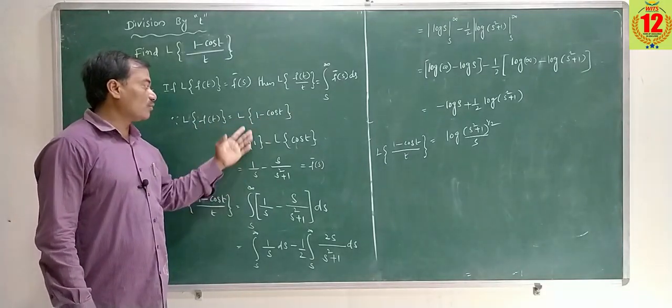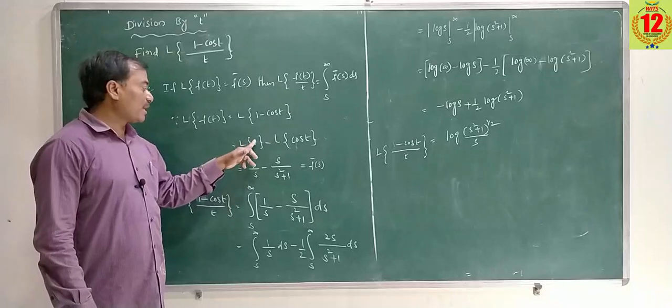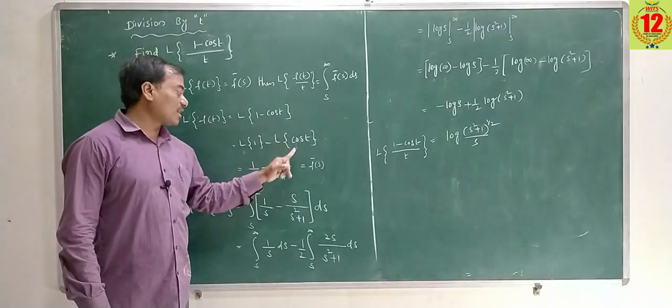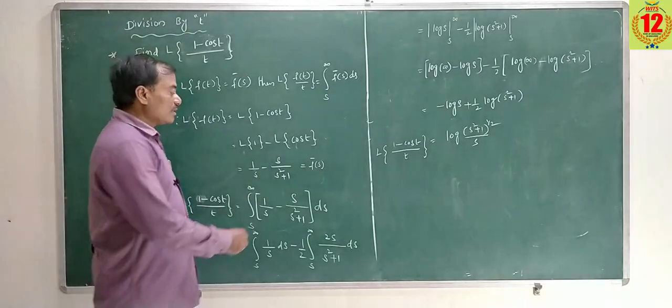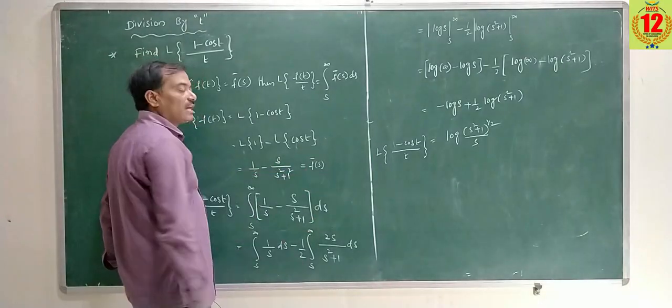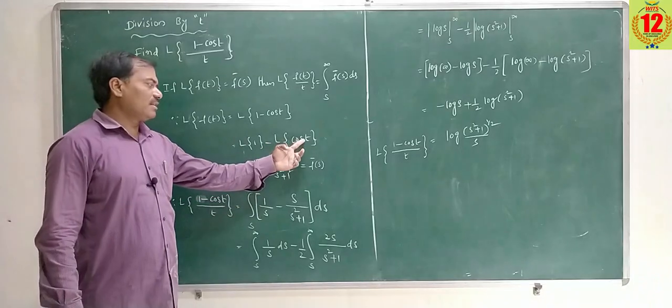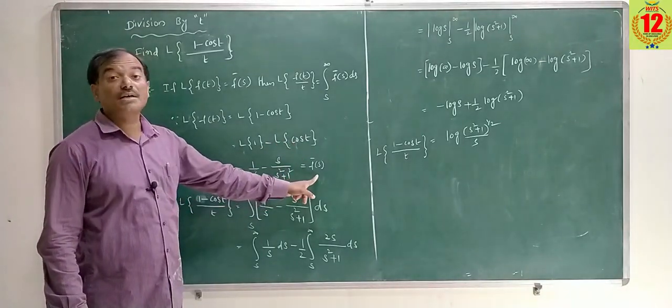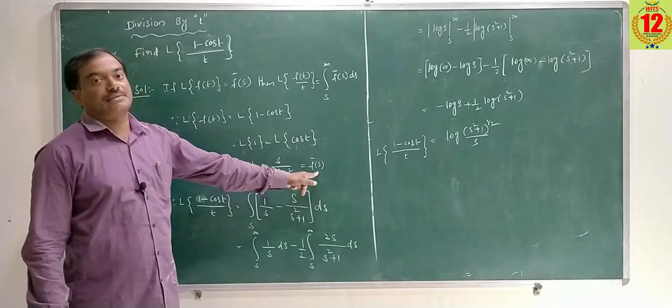So we write it in this form: Laplace transform of 1 equals 1 by s, Laplace transform of cos t equals s by s square plus 1 square. Why? Because here a equals 1, so we write s by s square plus 1 square. This is called f bar of s.